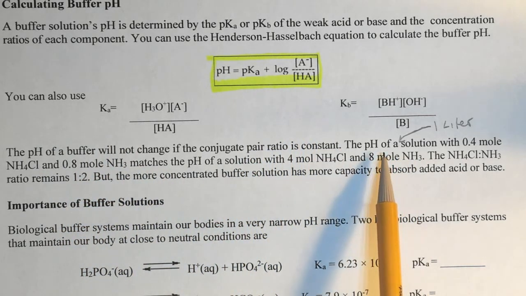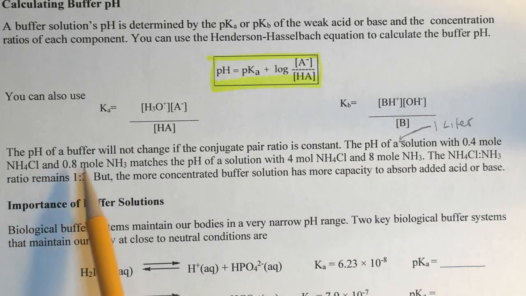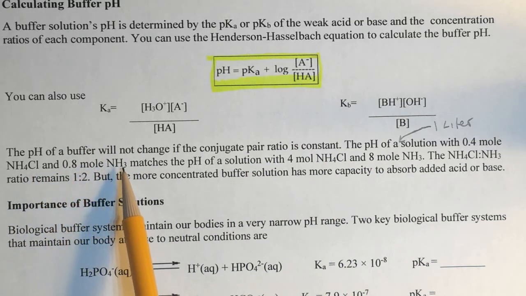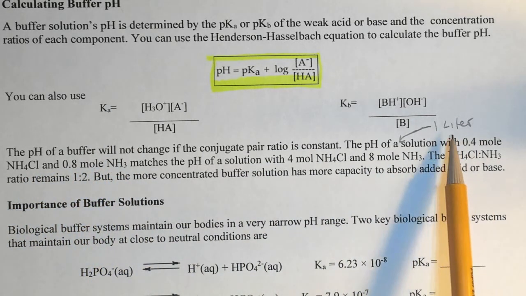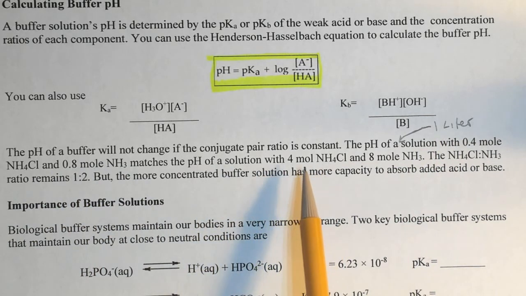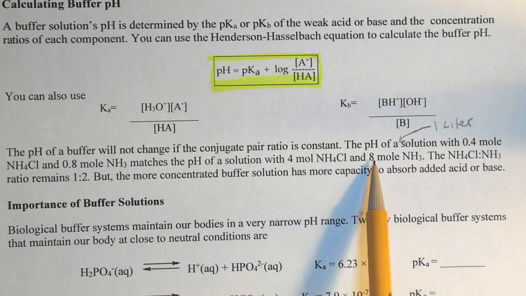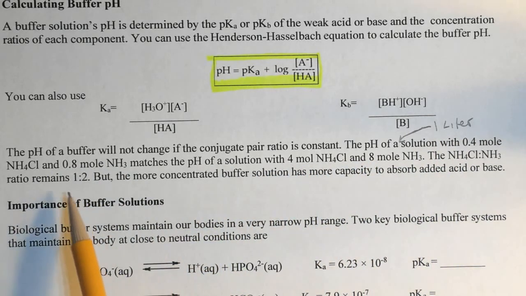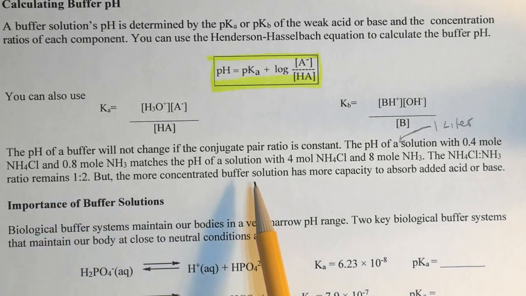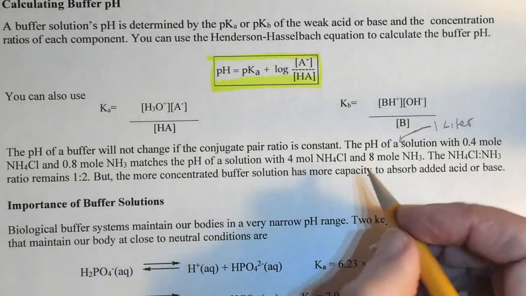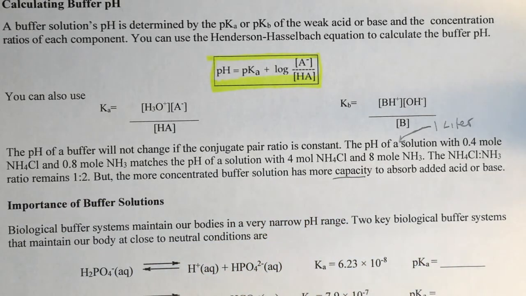The pH of a solution with 0.4 moles of ammonium chloride and 8.8 moles of ammonia in 1 liter will be the same as if we have 4 moles and 8 moles. The ratio remains the same at 1 to 2, but the more concentrated buffer solution has more capacity to absorb more added base or acid.